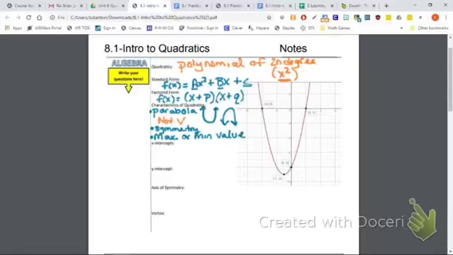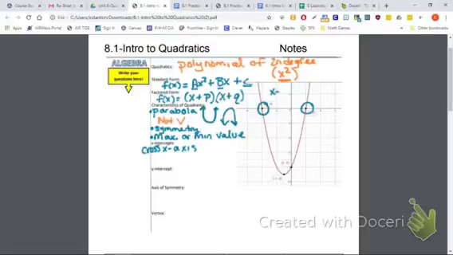X-intercepts. Let's talk about those for a second. I want you guys to take a look at this graph here. An x-intercept. A couple things about this. This is where the graph crosses the x-axis. Now, on our graph here, that's going to be at the point 4, 0 and at the point 2, 0.